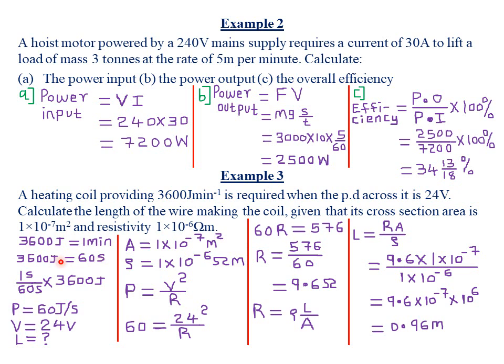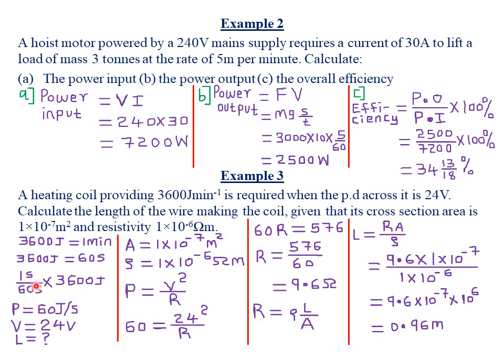So if 3,600 joules are being consumed in 60 seconds, what about in 1 second? We'll have 1 second divided by 60 seconds multiplied by 3,600 joules. The amount of joules used in 1 second is simply the definition for power, because power is given by work done over time, where the units for work done are joules and the units for time taken are seconds.